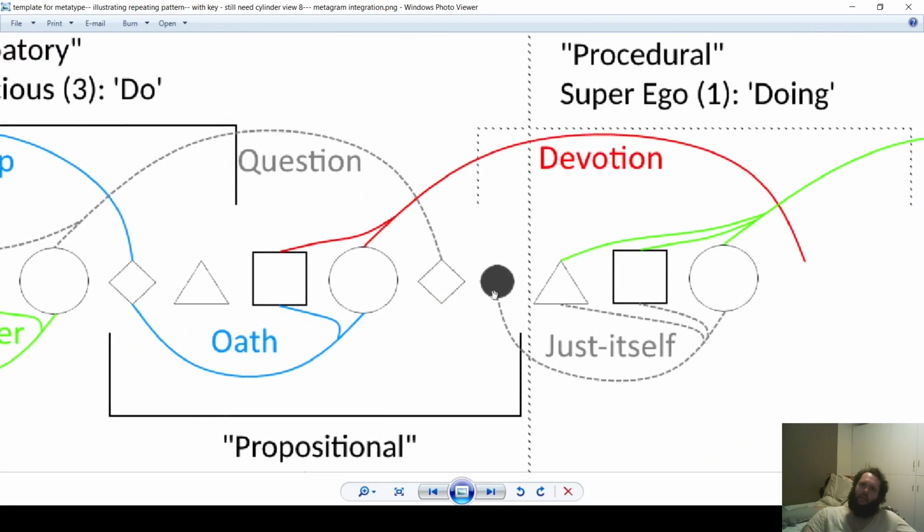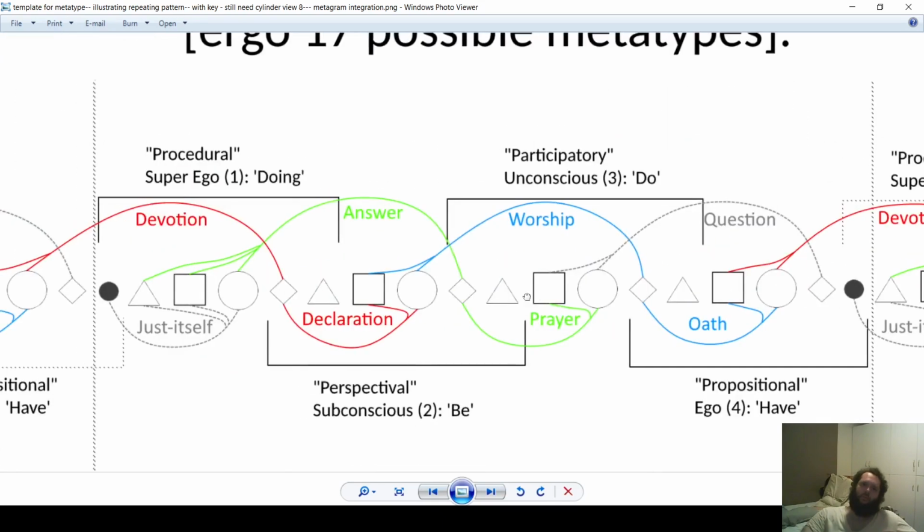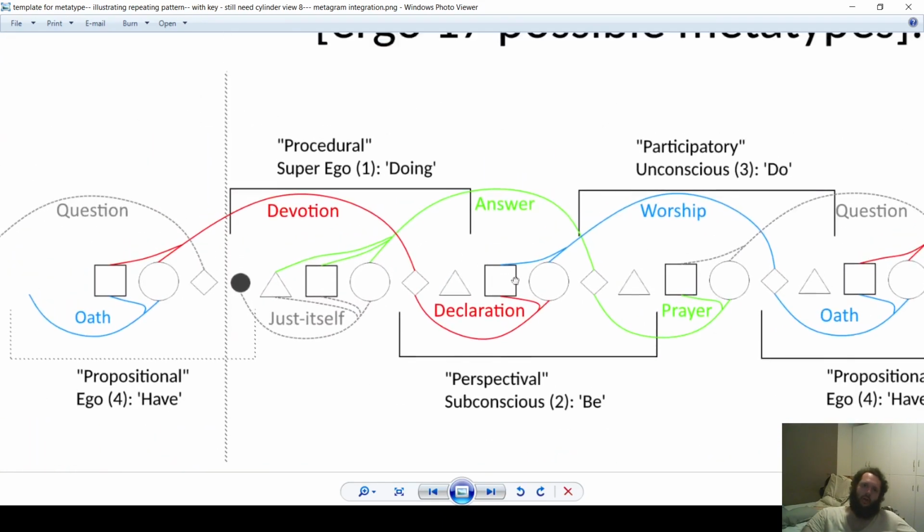come into the ego's inferior function. Anyway, I've described that in an earlier recording, to describe the resurrection here, or the crucifixion, excuse me.